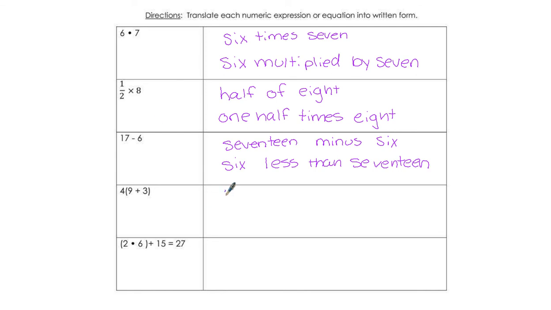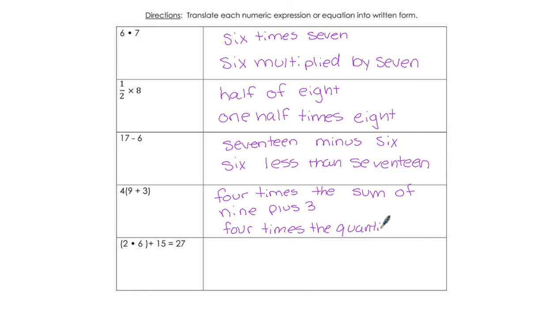So 4 times the sum of, that's telling us that it's in parentheses, or 4 times the quantity of 9 plus 3.